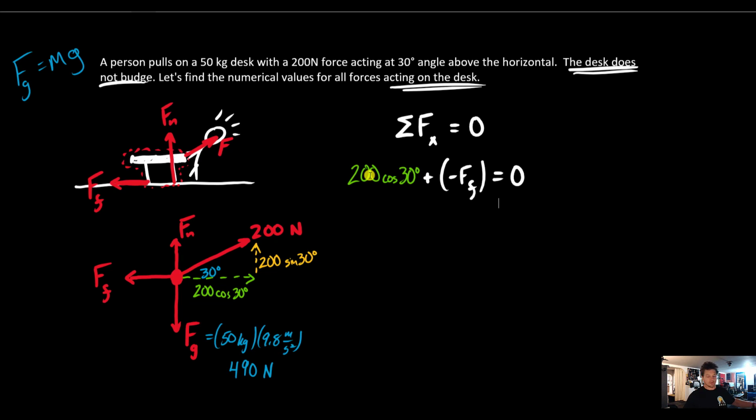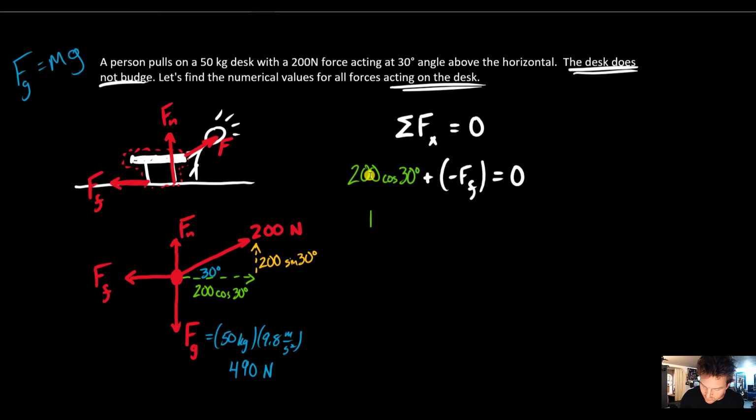Remember where my calculator is. So let's go ahead, I'm just going to use my phone calculator. So 200 cosine of 30 degrees. Make sure you're doing it in degrees, and that is equal to 173.2.